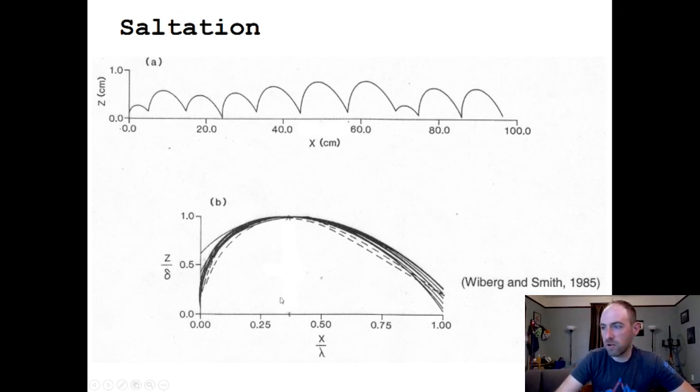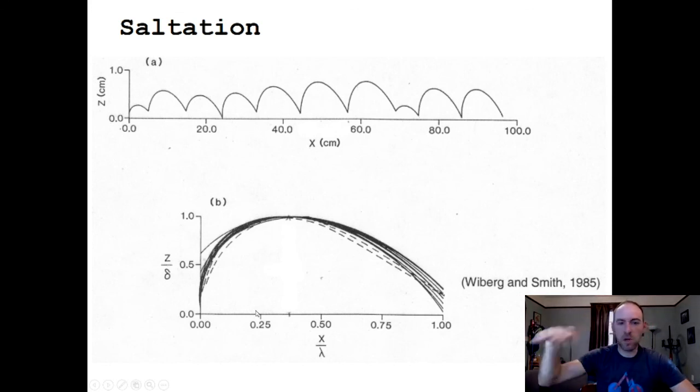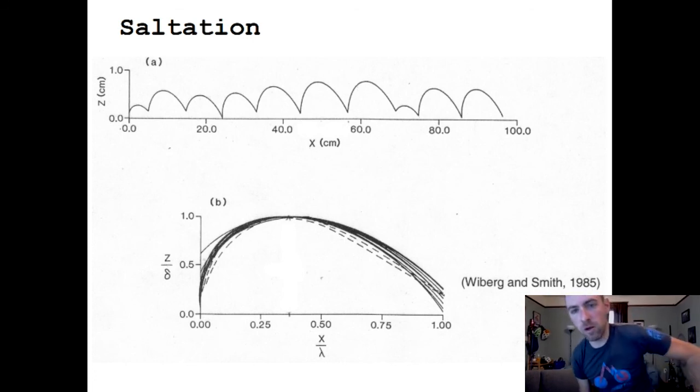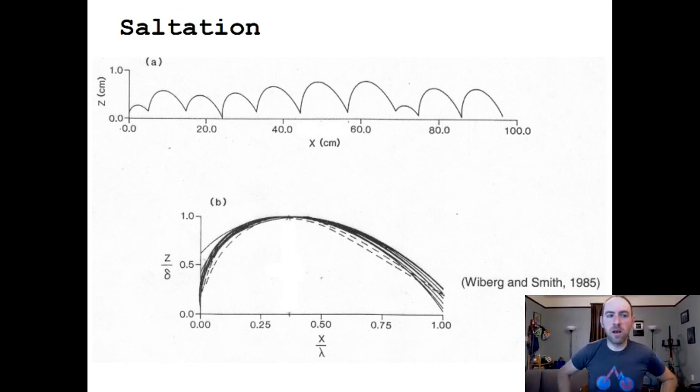If the flow speed increases, then the height of the bedload layer might increase, but each individual trajectory results in a consistent height and a consistent length. Okay, so they're relatively scaled with one another, which is a particularly useful feature if you're interested in modeling bedload and particle trajectories. This comes up a lot when you're doing sediment transport modeling. I'll kind of leave it there. That's a lot about saltation because it's a really interesting phenomenon.